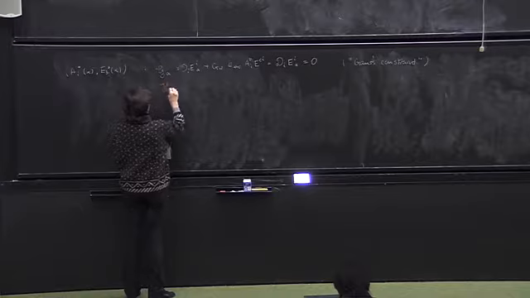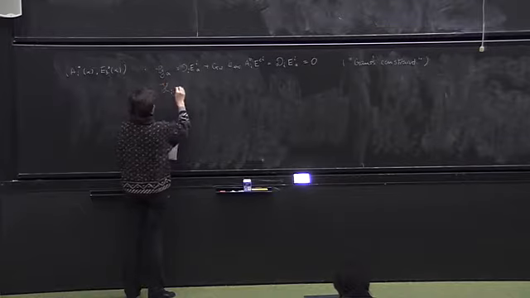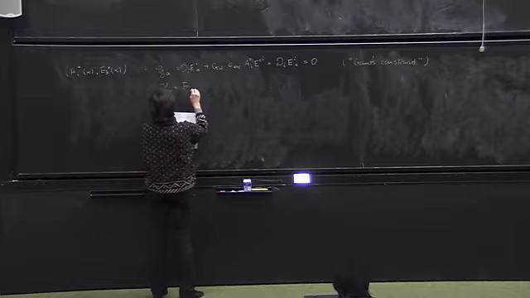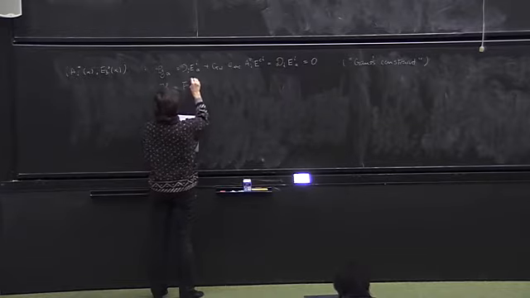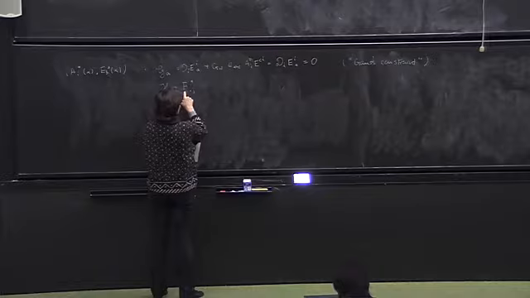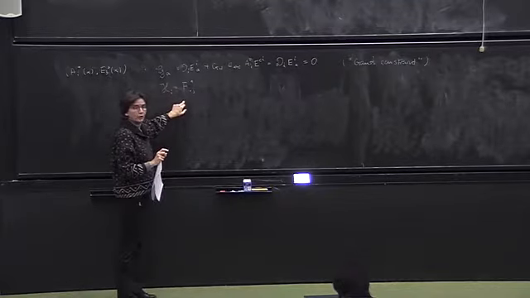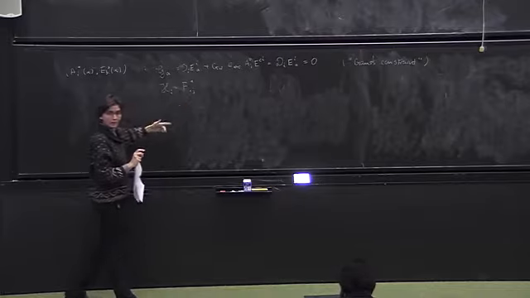But of course, we still have the other constraints, which are characteristic for gravity, not gauge theory. So this symbol F_ij I had introduced to you at the end of the lecture on Friday.